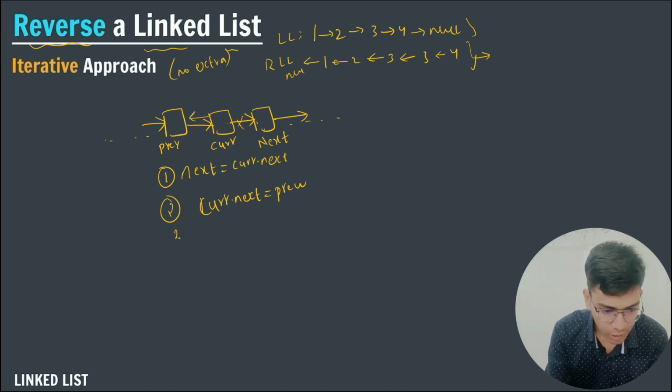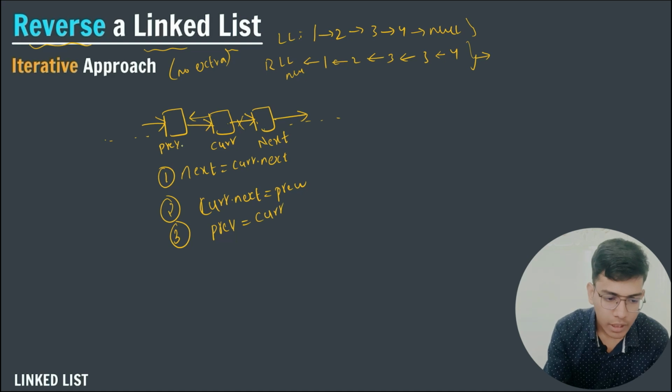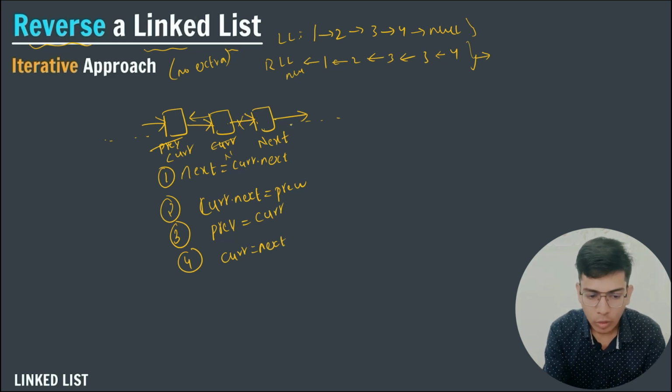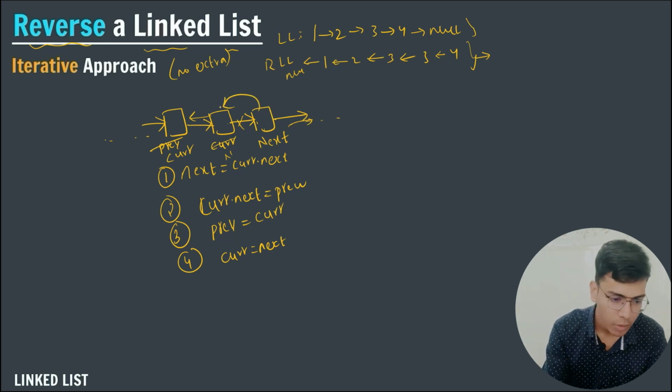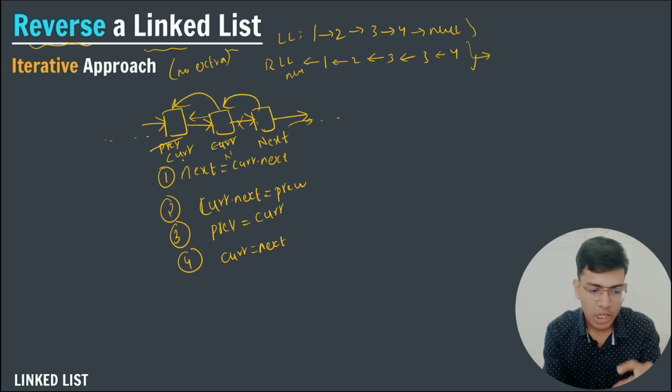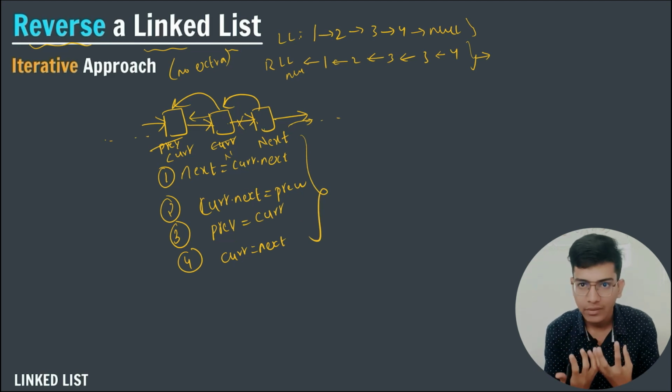The third step is we are going to change the previous value, so previous = current. Here previous will change into current and this will become our next. The fourth step is current = next. So first, instead of pointing in the next direction, next will point to current. After that current will point to previous, and we are going to change the previous, current and next values. These are the 4 steps we are going to follow to reverse a given linked list.